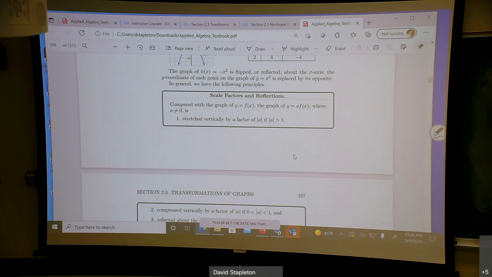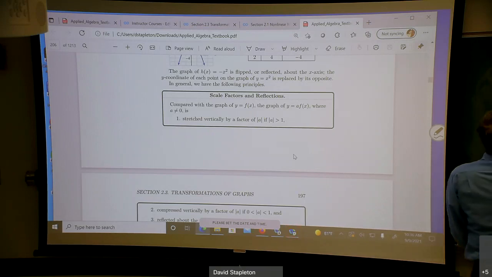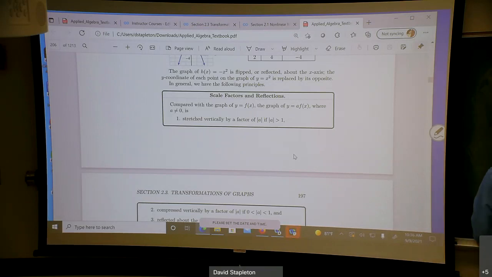Call that A. What about horizontal scaling? The graph of y equals, let me check their lettering again.